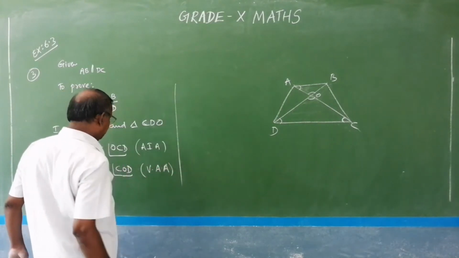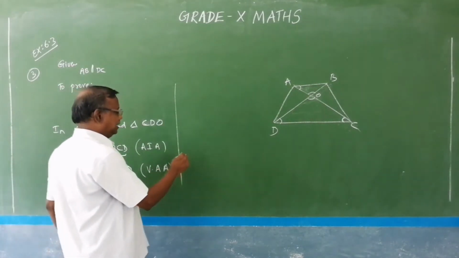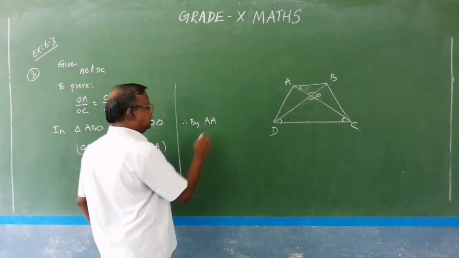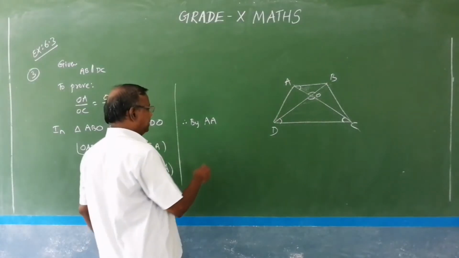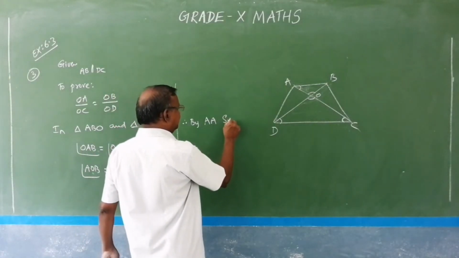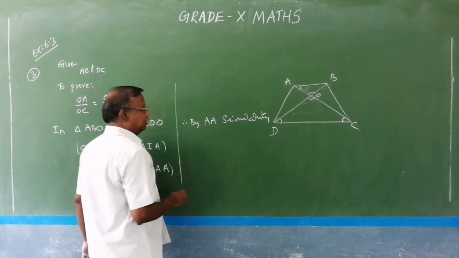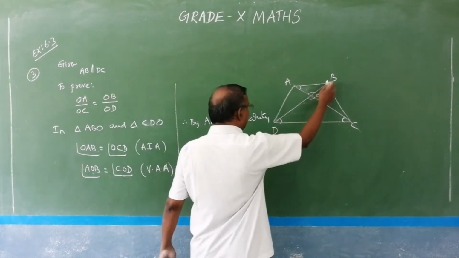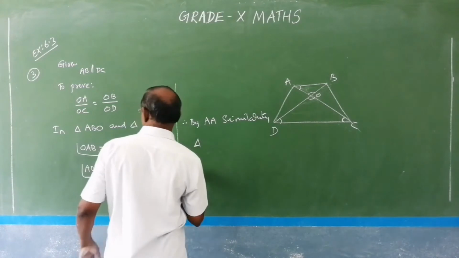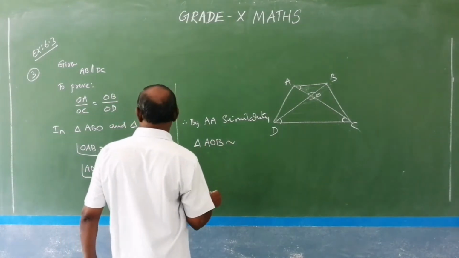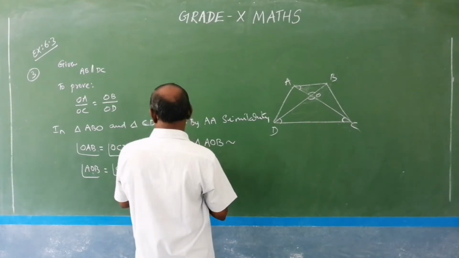Therefore, by AA similarity criterion, only two angles are enough to prove. So by the AA similarity criterion, triangle AOB is similar to triangle COD.